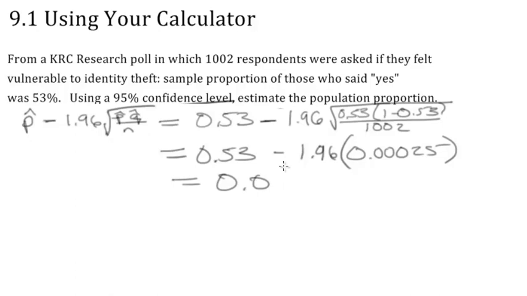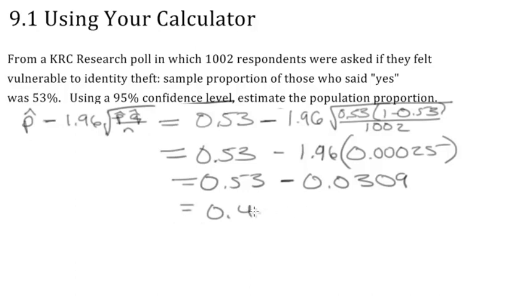I computed the margin of error, so why don't I just show you what the margin of error is. Minus 0.0309. So the lower bound of my confidence interval is 0.4990.